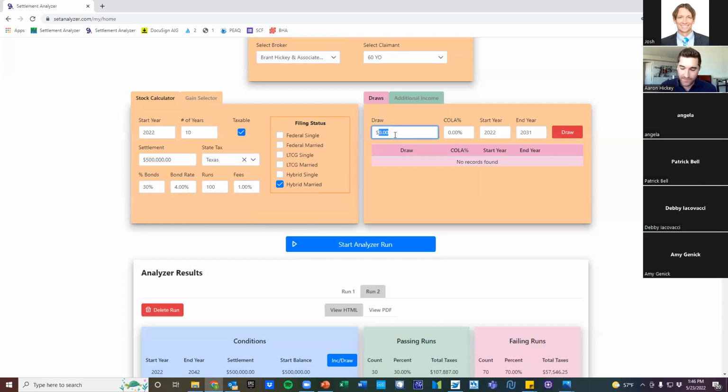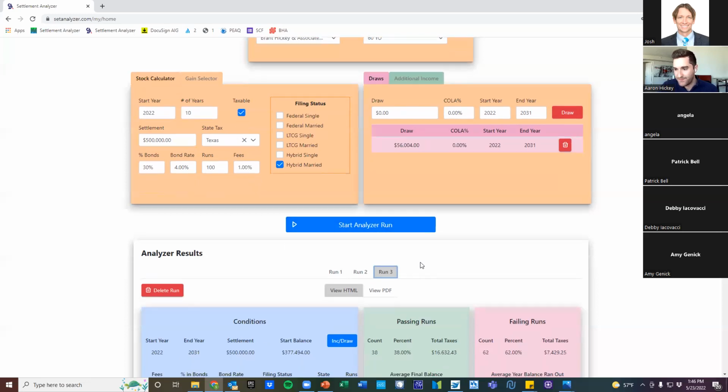Over on the right-hand side, I went to market again and said, what can I get as a $500,000 non-qual 10-year period certain? Came out as $56,000 a year. You'll notice again, the numbers are already adjusted for you based off of your duration. You click draw, pops down for you. Now you're ready to click your start run, and run 3 is populated.